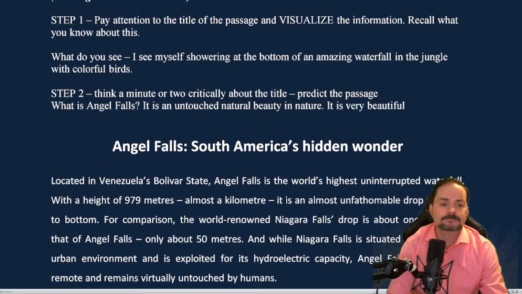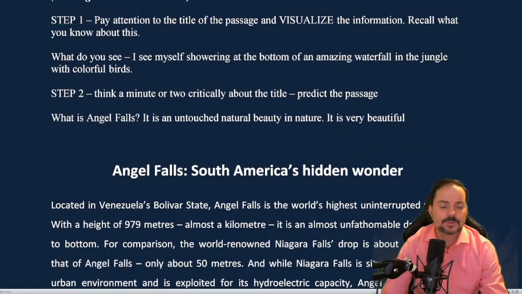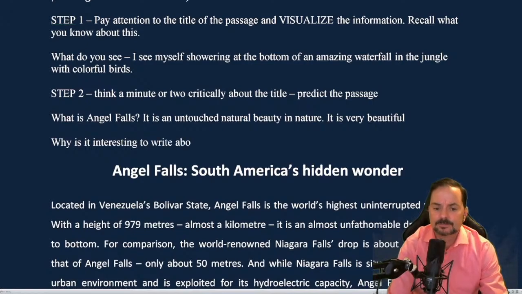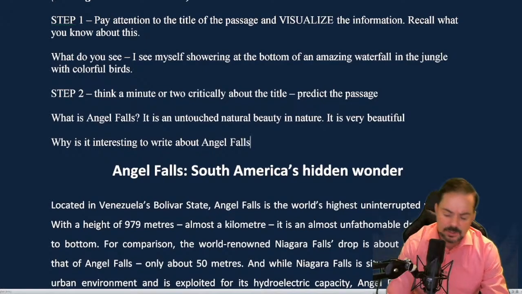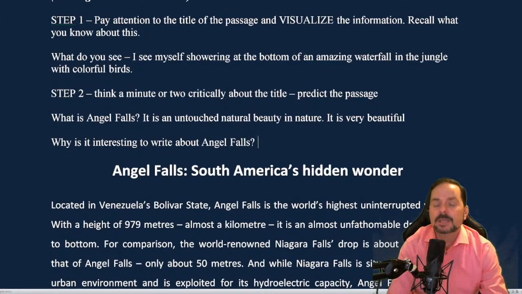Okay, why talk about it? Why is it interesting? What do you think could be unique about it? Okay, Mortuza says it's unpolluted.